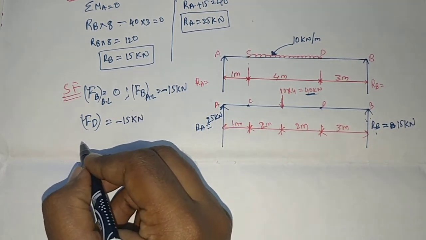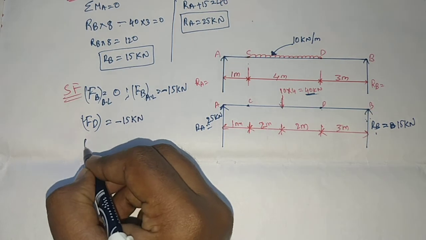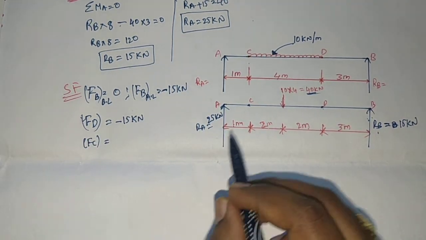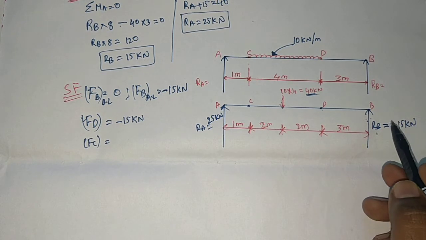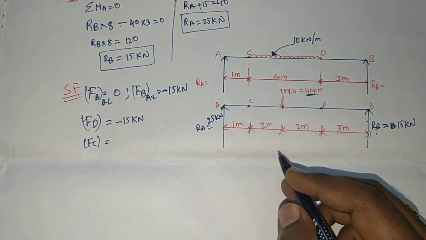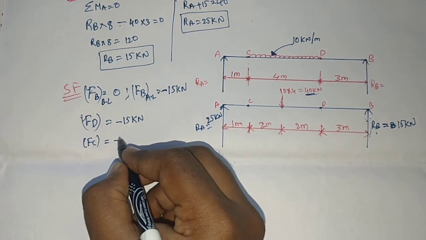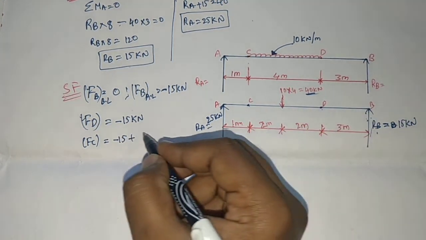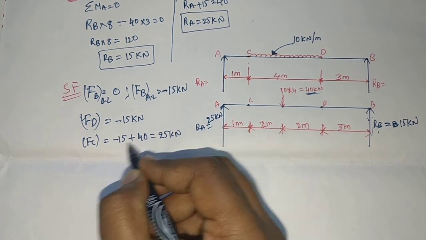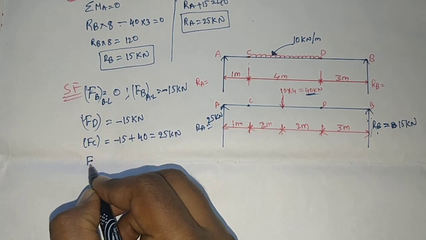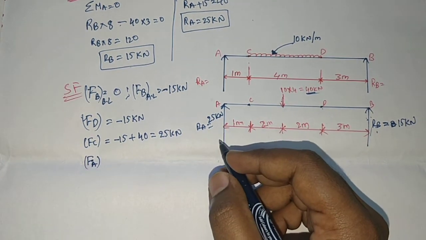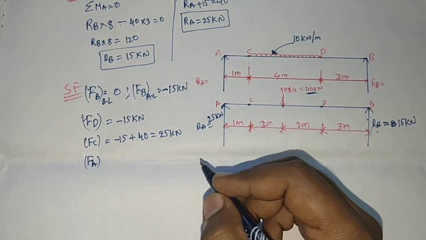Next, shear force at point C. At point C there is no load acting, so we calculate one case. The right side of C has two loads, one reaction force and one applied load, so minus 15 plus 40 equals 25 kilonewtons. Next, shear force at point A. At point A a reaction force is applied, so we need to calculate before and after.